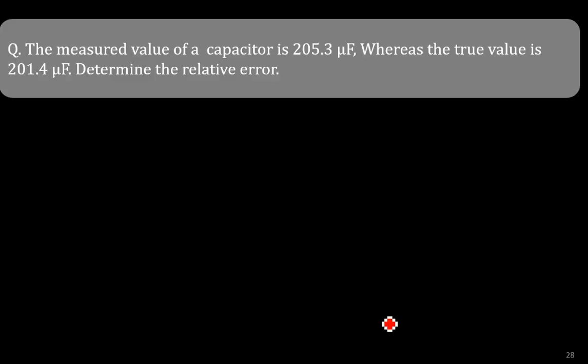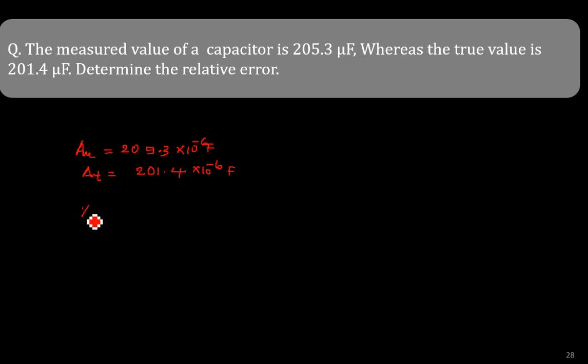Now you have a capacitor whose value is being measured as 205.3 microfarad. So your measured value is 205.3 microfarad and the true value is given as 201.4 microfarad. Now you are asked to find out the relative static error. So how will you get the relative static error?